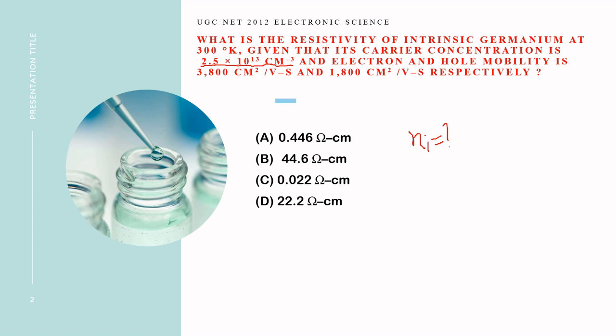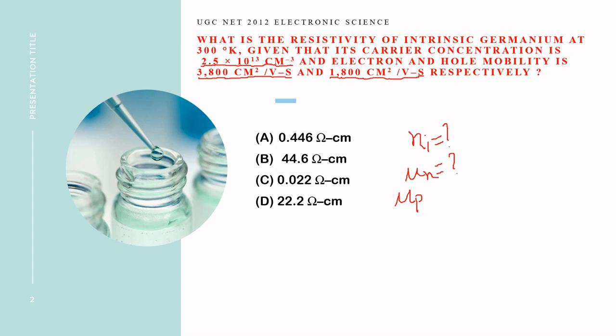Then the given value is electron mobility, that means mu n. Mu n value is 3800 centimeter square per volt second. Then the given value is mu p. Mu p value is 1800 centimeter square per volt second.